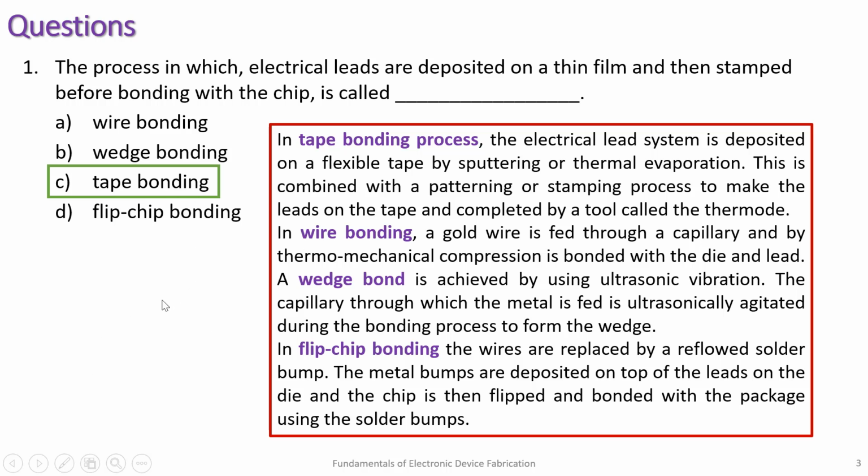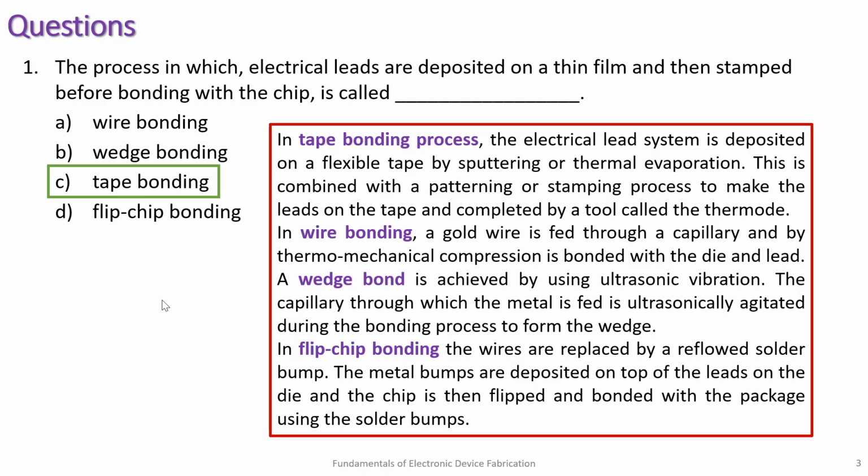In wedge bonding, ultrasonic vibration is used and the capillary through which the metal is fed is ultrasonically agitated to form the wedge bond. Finally, in flip chip, wires are replaced by solder bumps. These bumps are deposited on top of the die, and the chip is flipped and bonded with the packaging using the solder bumps. So these are the different bonding processes.